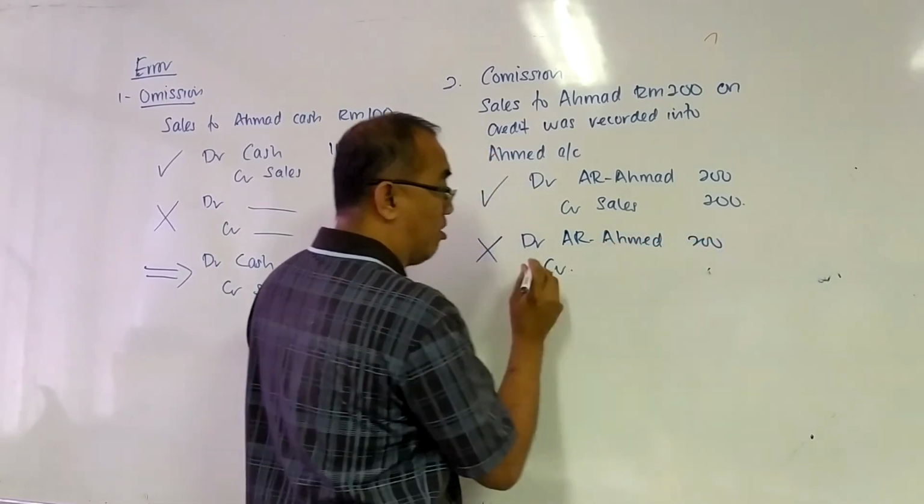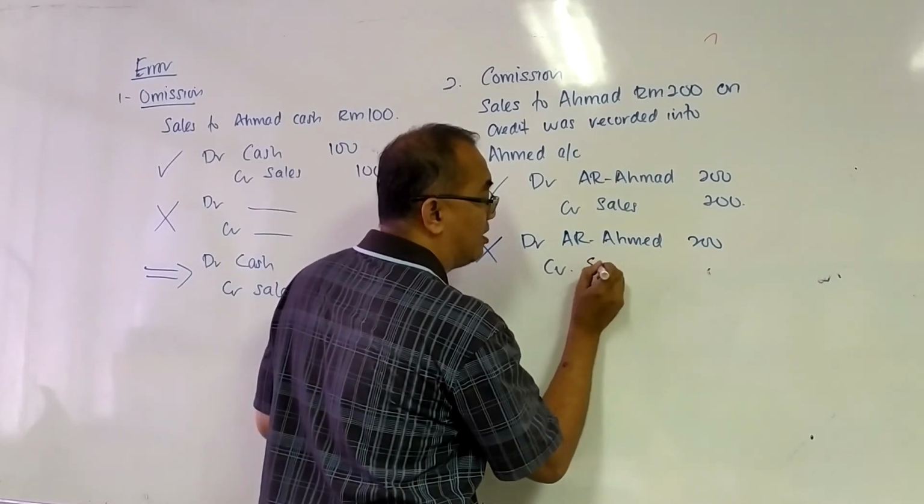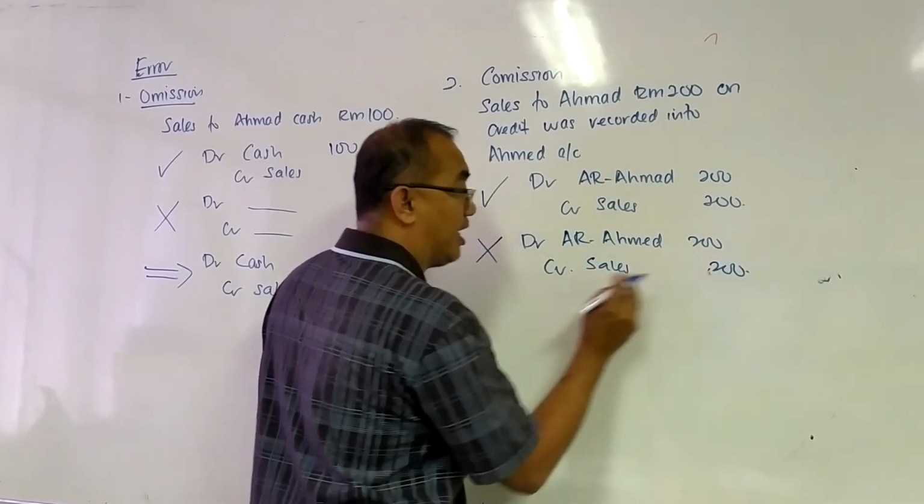Okay, 200. This is wrong, but you have credited your sales. Okay, your sales is correct.